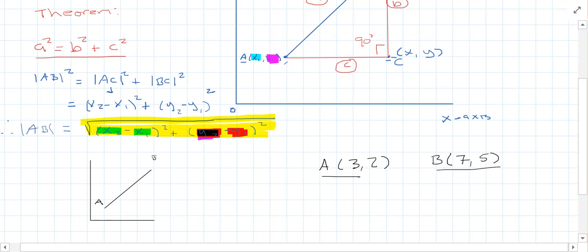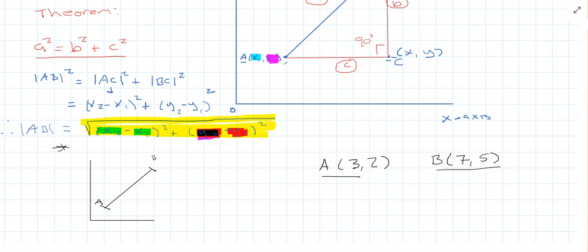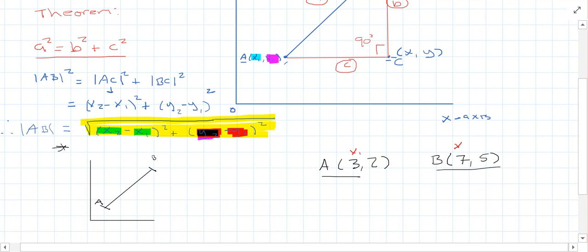So what we want to do now is use this formula to figure out the length from point A to point B. The first thing you do is label. On the left hand side, this coordinate is the x coordinate, so this is going to be x1. Therefore, in this point, this is the x coordinate, so this is going to be x2.